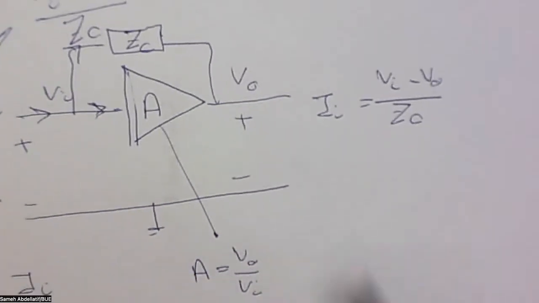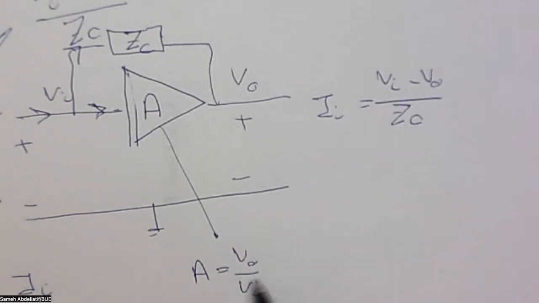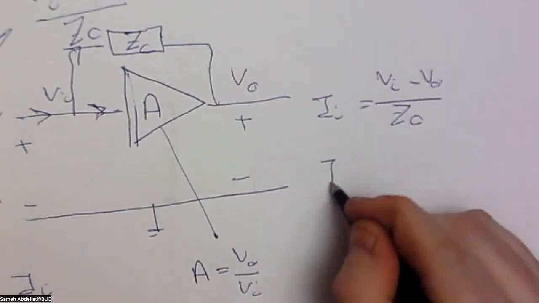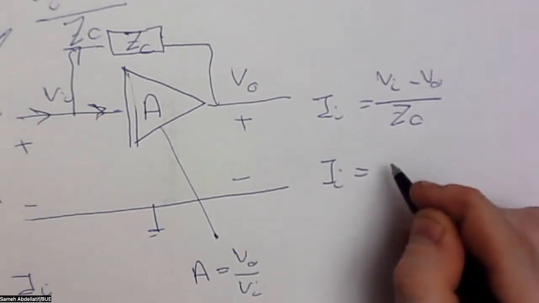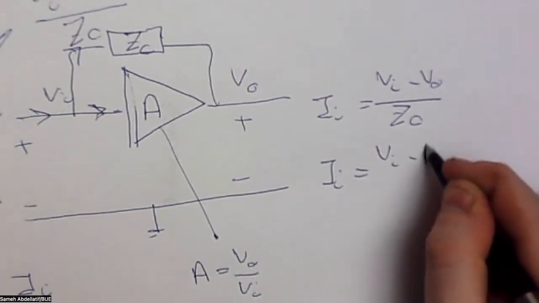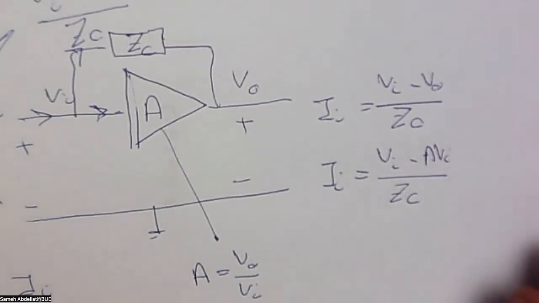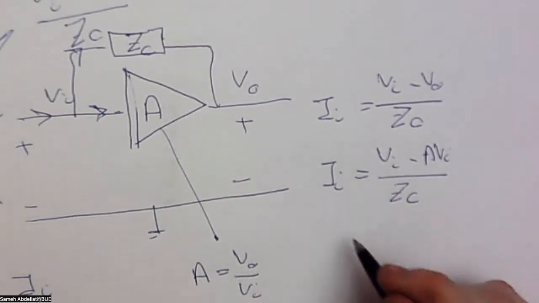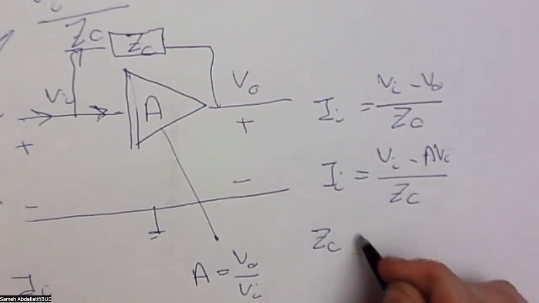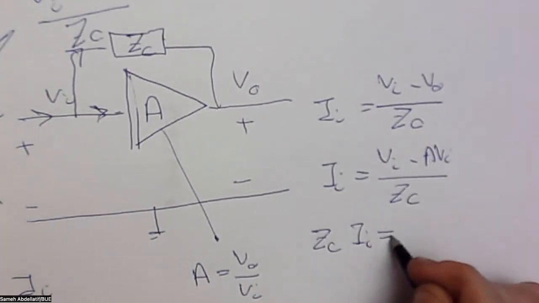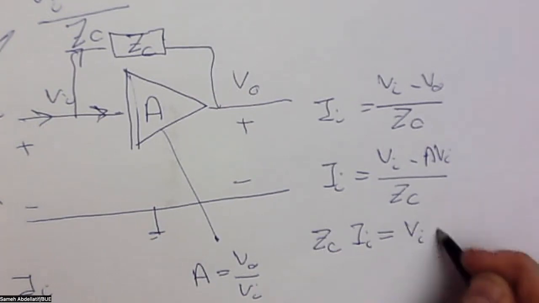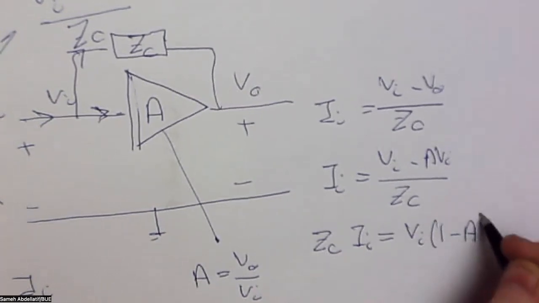So I can simply replace this V output by A V input, making I input equal V input minus A V input over ZC. Or we can say that ZC I input equals V input times 1 minus A.